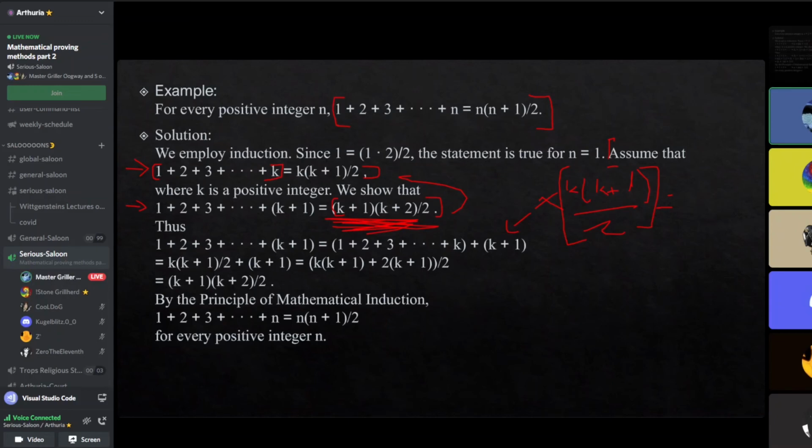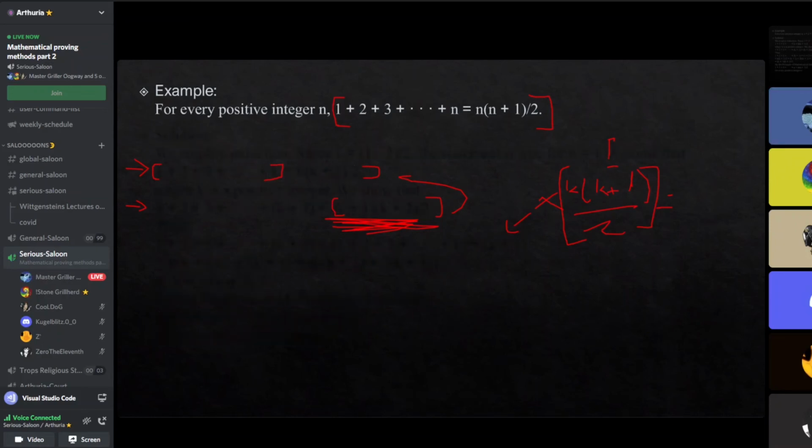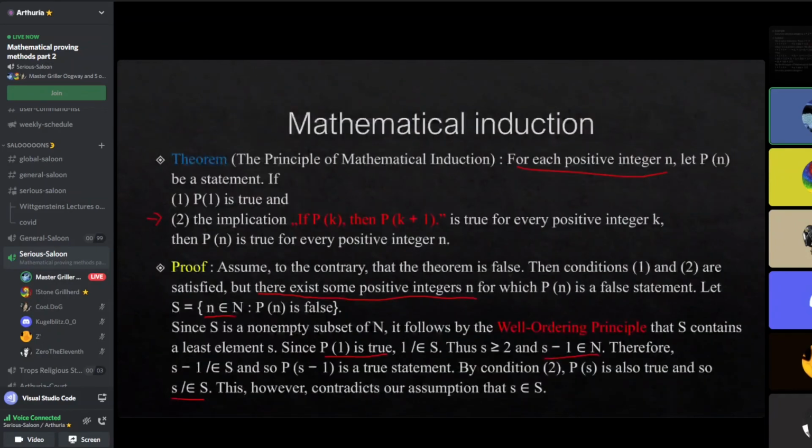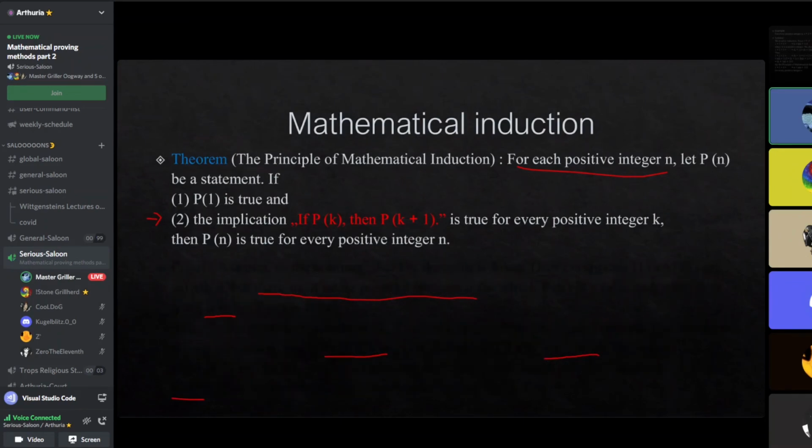So if we can reduce this statement to be equal on both sides, then we have shown by the principle of mathematical induction that the whole statement is true for every possible integer n. So what we have shown is this: the base step we showed first, and the second, the implication, we have now shown.